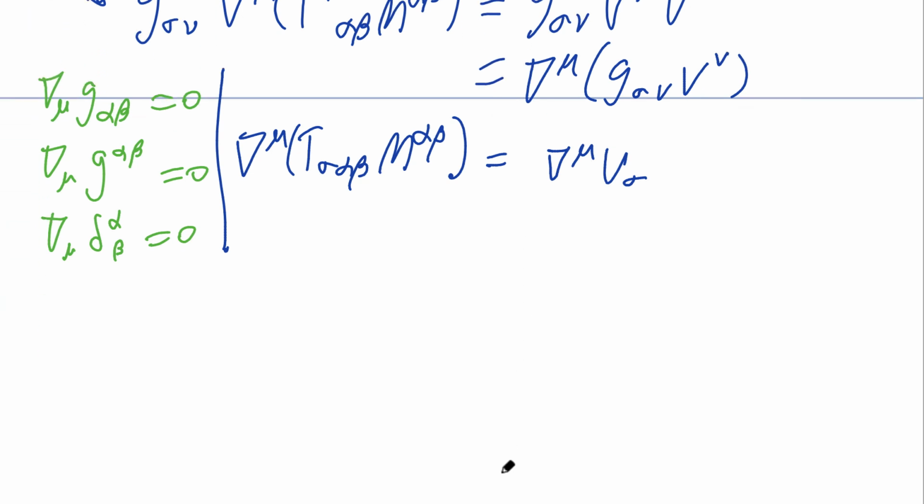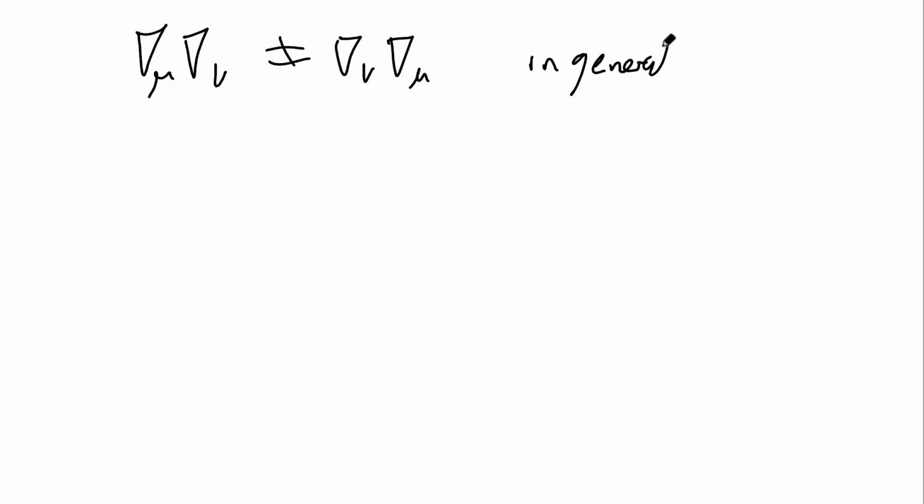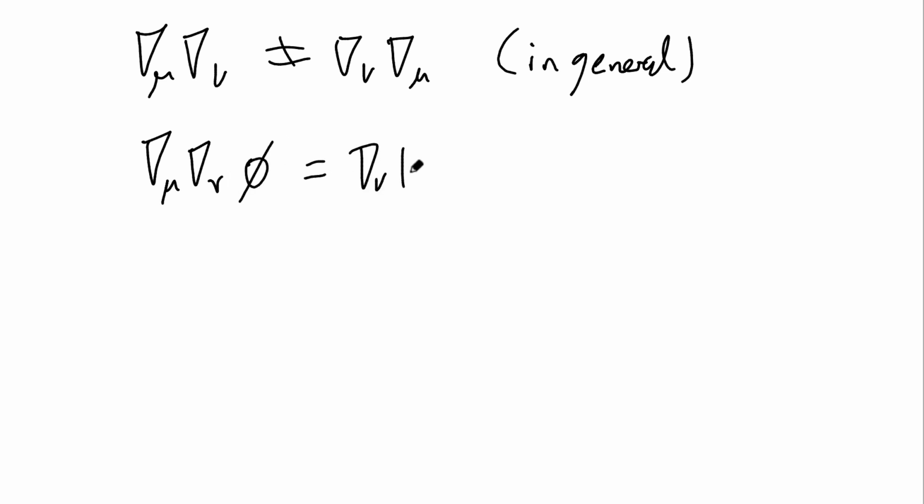Another property of covariant derivatives is that they don't, in general, commute. So ∇_μ ∇_ν in general is not equal to ∇_ν ∇_μ. It's true that acting on a scalar, so if I have a scalar function φ, then ∇_μ ∇_ν φ is equal to ∇_ν ∇_μ φ.